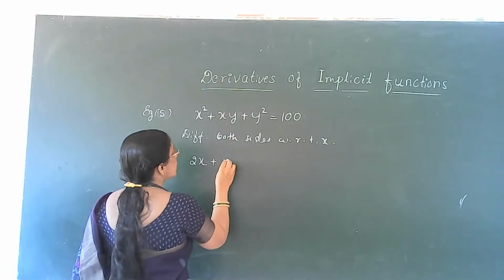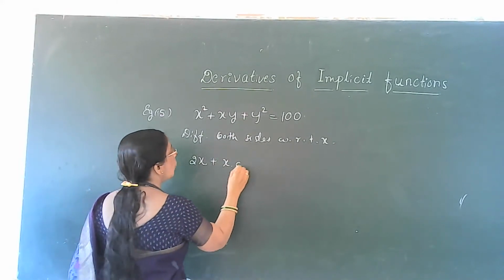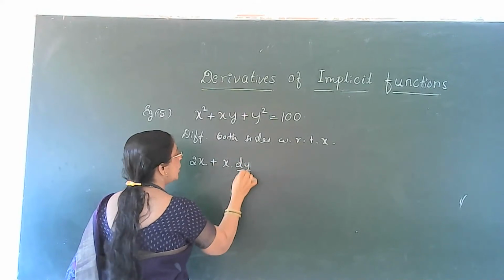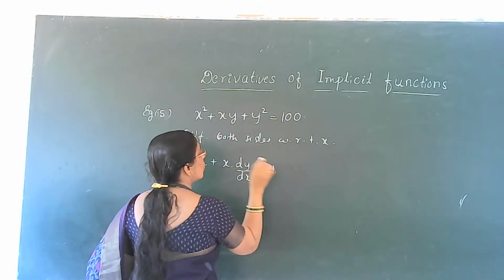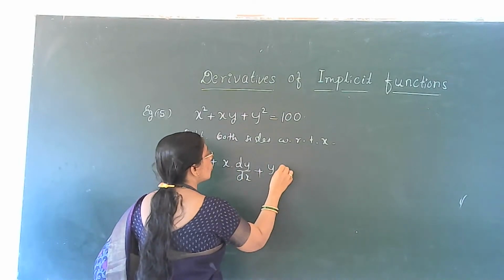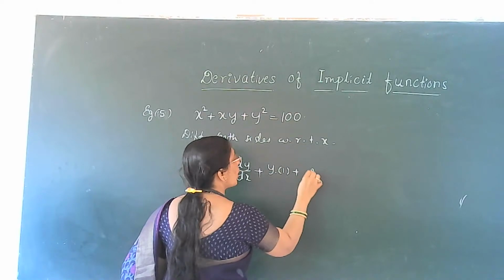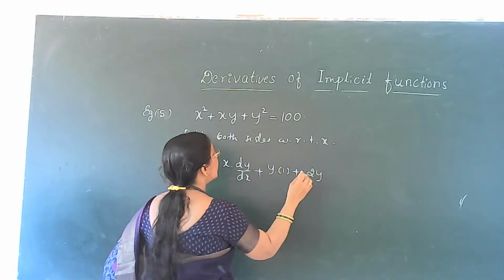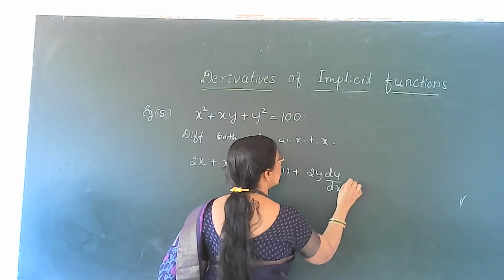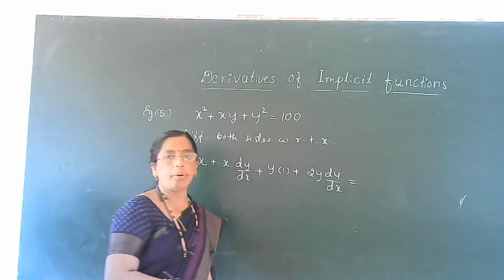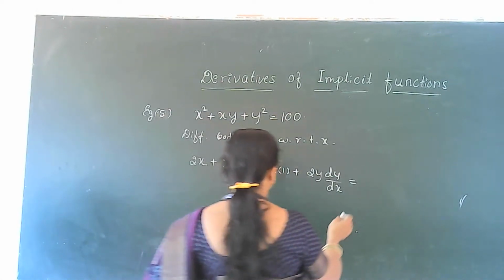First put x as constant, then derivative of y is dy by dx, plus y is constant, derivative of x is 1, plus derivative of y square is 2y into dy by dx, is equal to derivative of any constant is equal to 0.